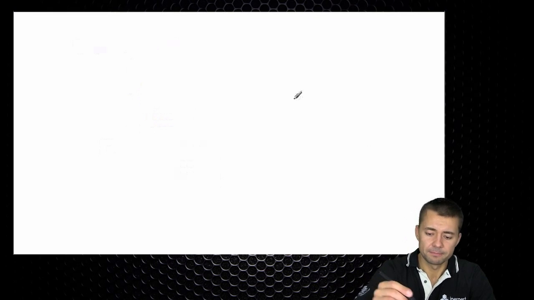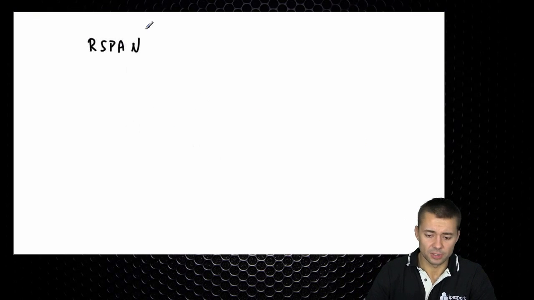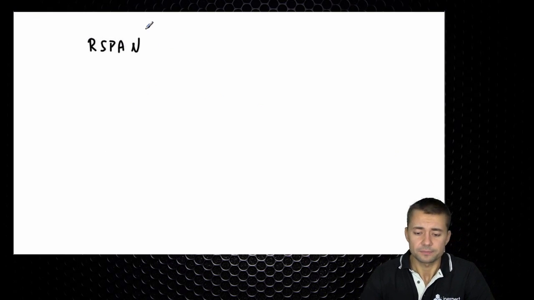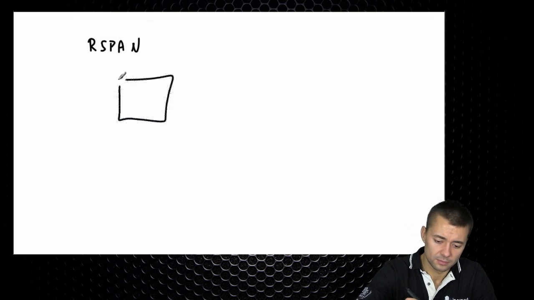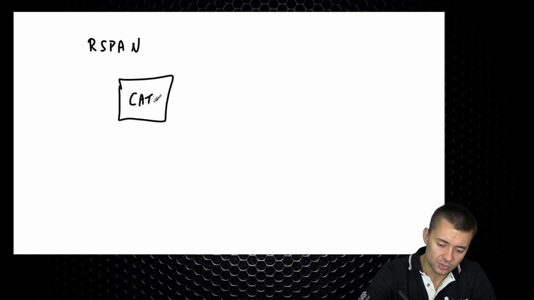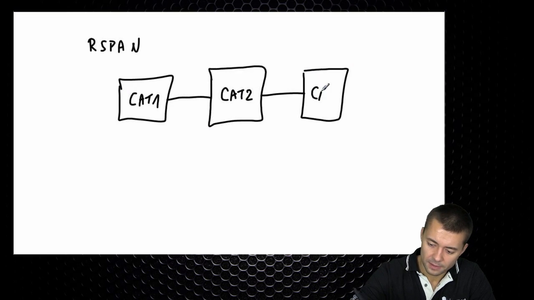Now with RSPAN, we will be dealing with multiple switches. And the advantage of this option is that your session source can be on other switches than the session destination. Like with just 3 devices interconnected with trunks, CAT1, CAT2, and CAT3 as a sample topology.